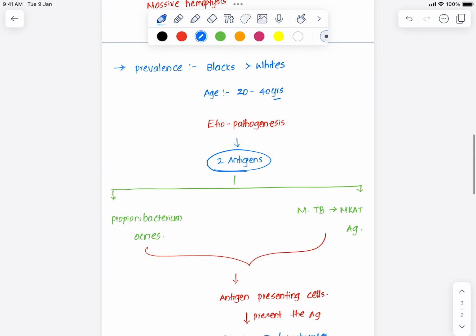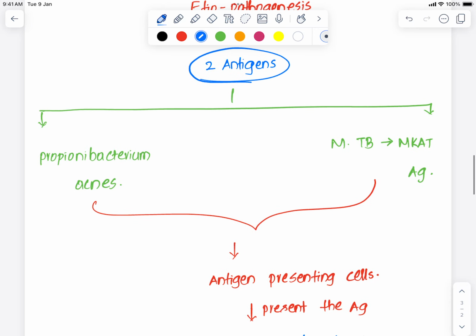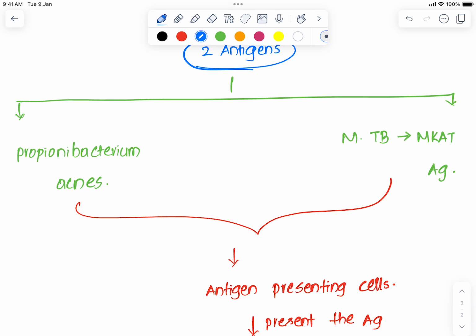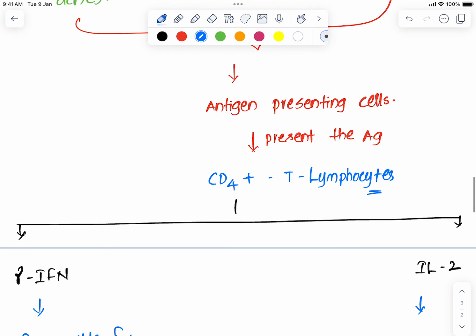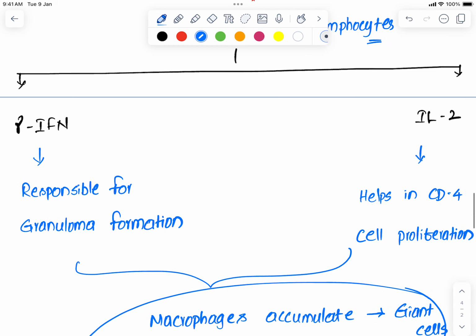So this is the etiopathogenesis. You have two pathogens, Propionibacterium acnes and an antigen within Mycobacterium tuberculosis, the MCAT antigen. They induce the inflammatory reaction, which is sensed by the antigen presenting cells, and they present to the CD4 plus T lymphocytes. They initiate the inflammatory reaction, causing the release of interferon gamma and interleukin 2.